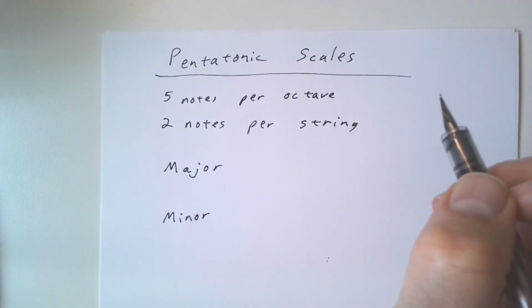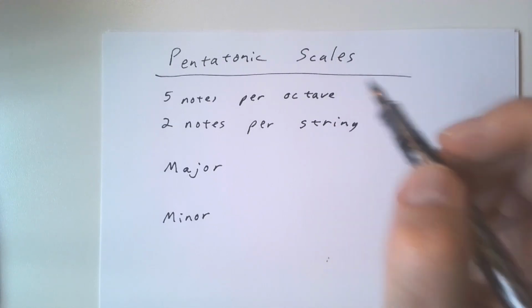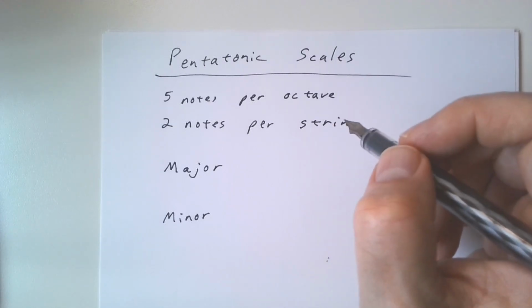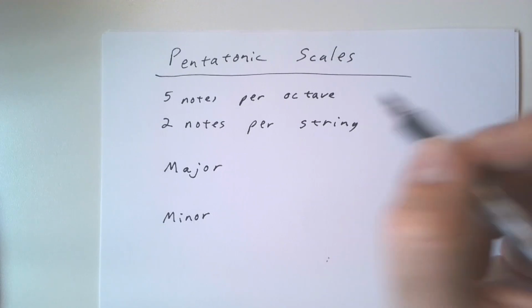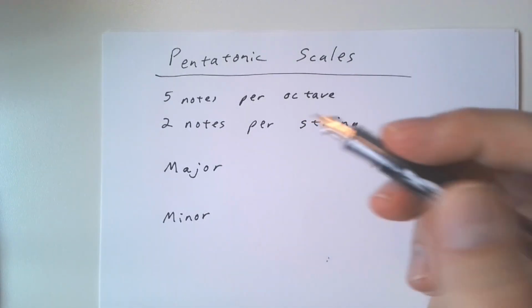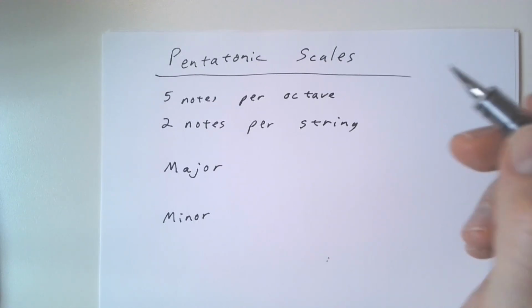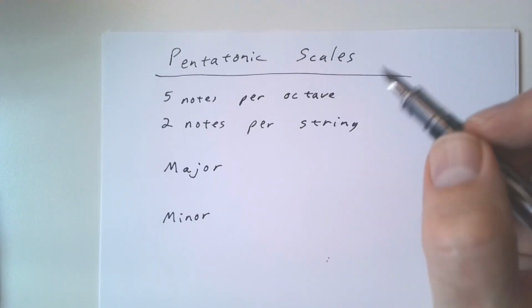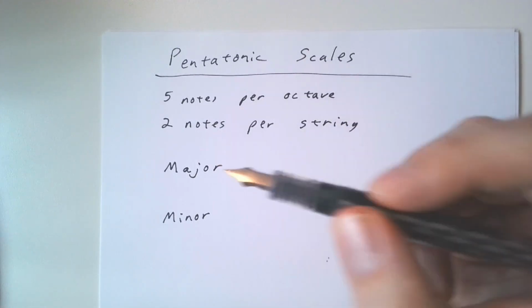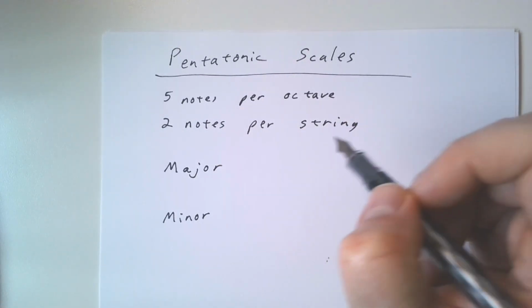Now, as it just so happens, when you are playing pentatonic scales on a guitar, that comes out to exactly 2 notes per string. Whereas when we were playing diatonic scales, those came to 7 notes per octave, which was 3 notes per string with a little bit left over, right?